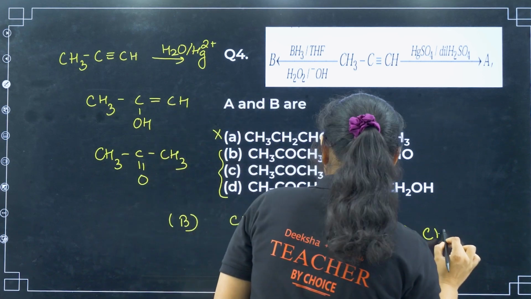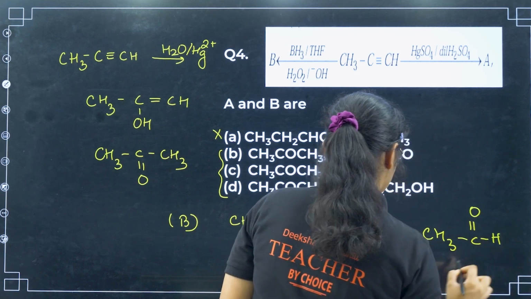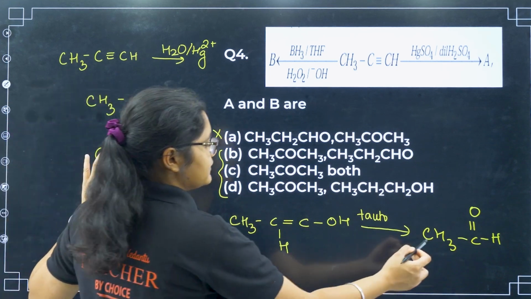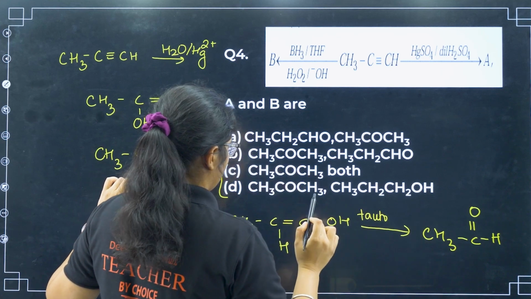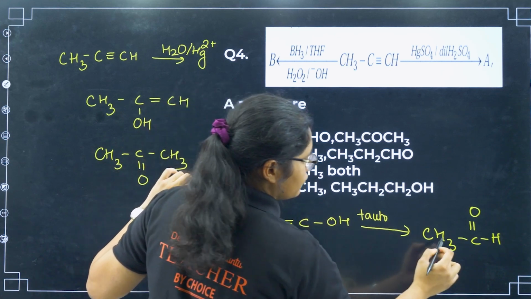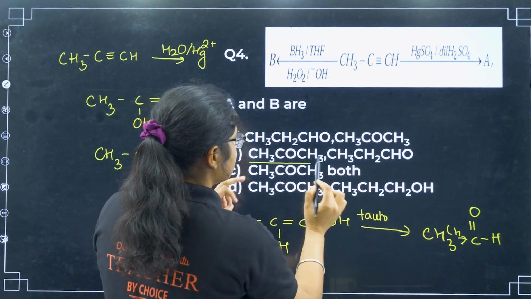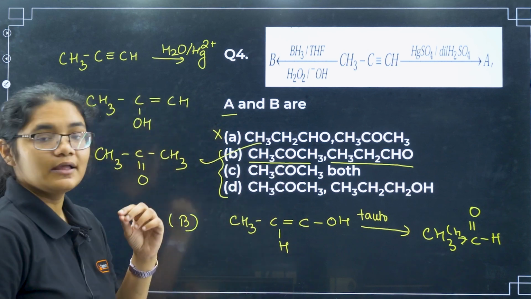You will get CH3COH. Okay, now you can see this is acetone and this is your aldehyde. Okay, just a minute. I left one more carbon here. So you will get A as CH3COCH3 and B as CH3CH2COH. So that is why option number B here.